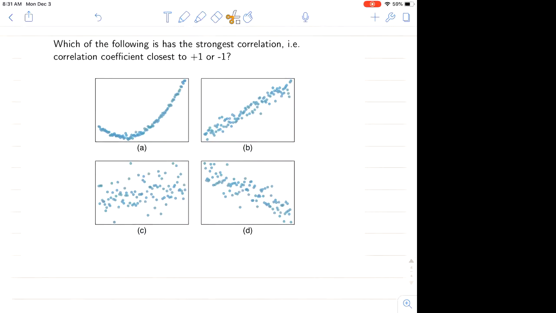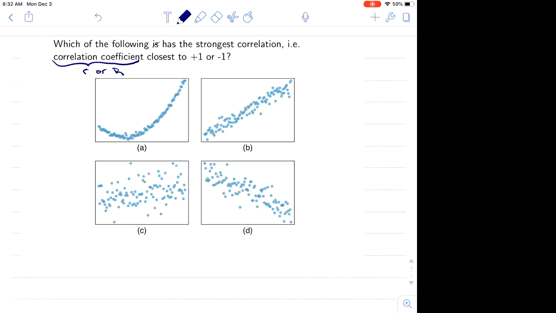So which of the following has, probably a typo I'll never fix, the strongest correlation? So the correlation coefficient, that's just R. So here the correlation coefficient is just R. We're looking for the one closest to +1 or -1.